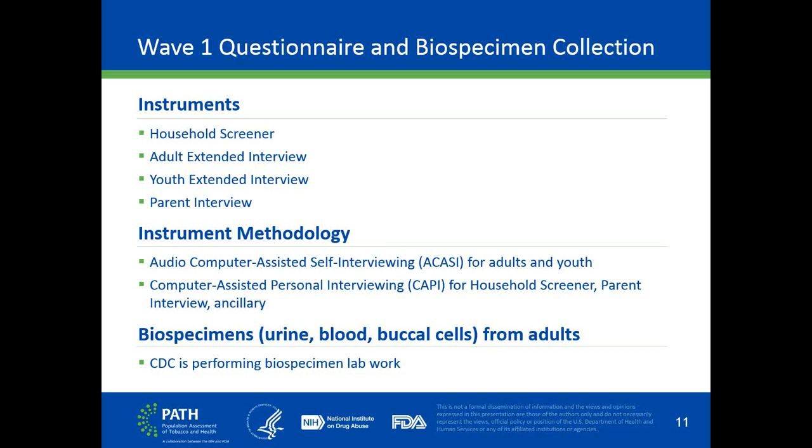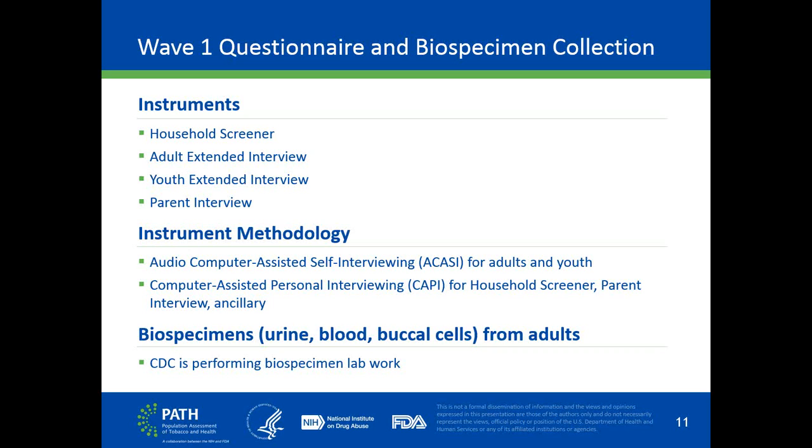The primary extended interview is done with audio computer-assisted self-interviewing. Basically, a laptop with headphones is provided to the participant, and they walk through the interview with their own privacy with the headphones on.